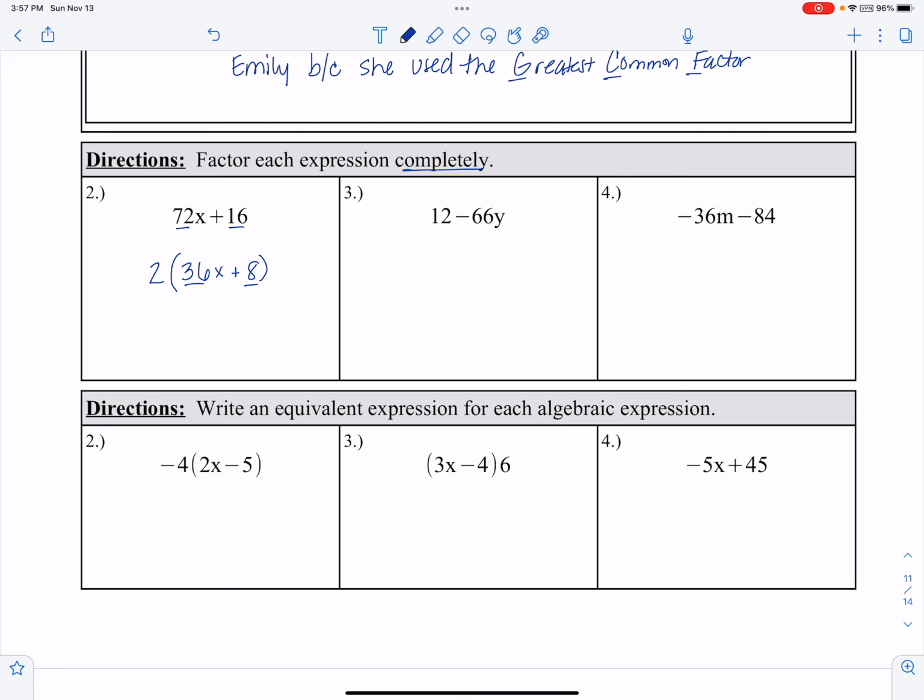That doesn't work. Let's just say we pull out another 2. So if I pull out another 2, I end up with 18x plus 8 divided by 2 is 4.